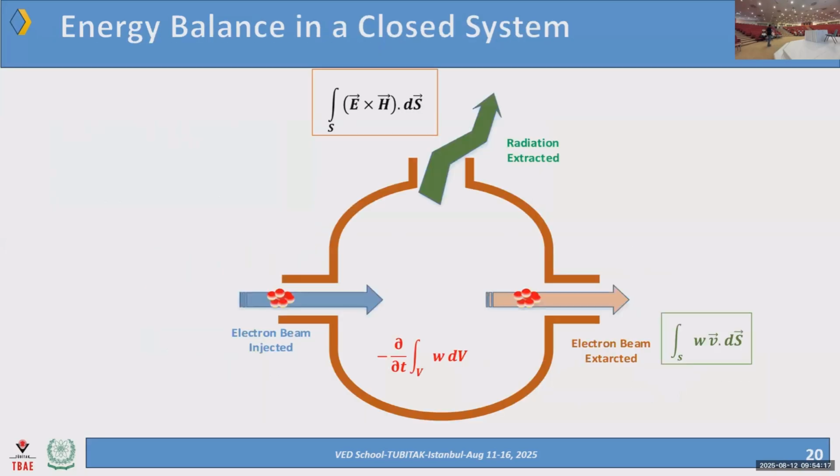Okay, this is the point. So we have charges which are coming into the volume. They gain velocity, and their kinetic energy is changed. They are leaving with a different velocity. In this case, they are slowed down because we have taken radiation out of them.